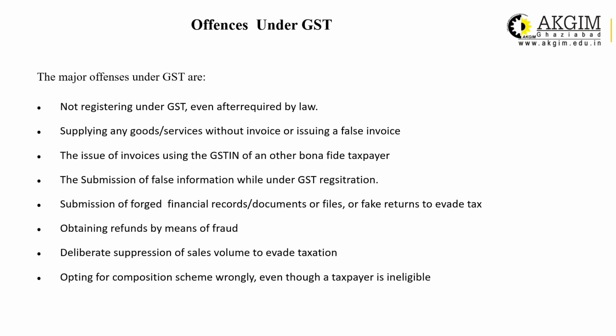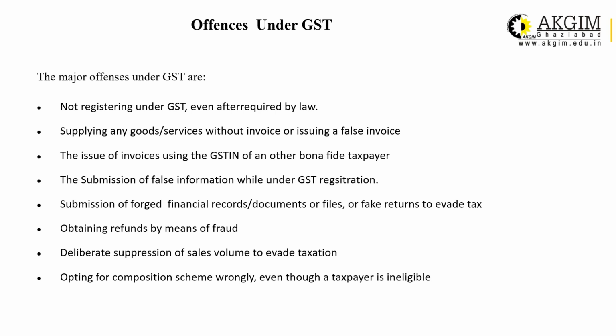Now, what are the offenses under GST? What are the misconducts, the offenses under GST? The major offenses under GST are not registering under GST even if your turnover is higher than the threshold. That means your turnover is more than 20 lakh, even then you are not registering under GST. That is an offense.